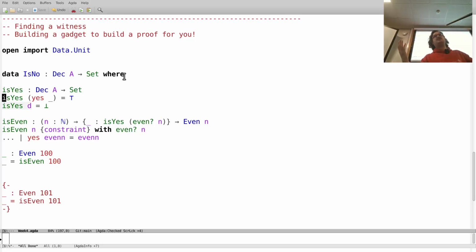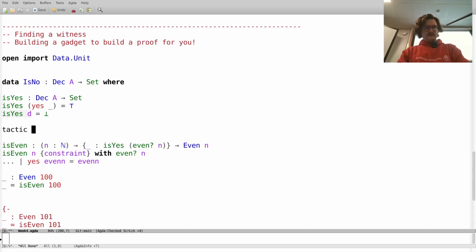Of course, you need to write the decision procedure. Not all problems are decidable, so it can help you for problems that are easy to prove but annoying to prove.